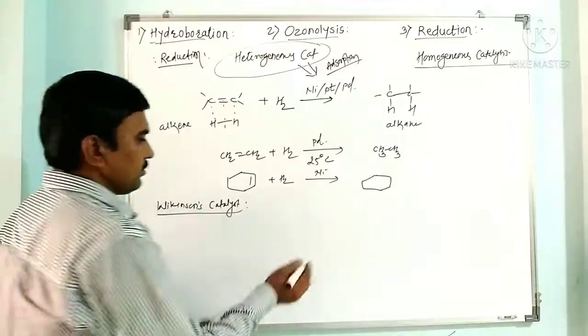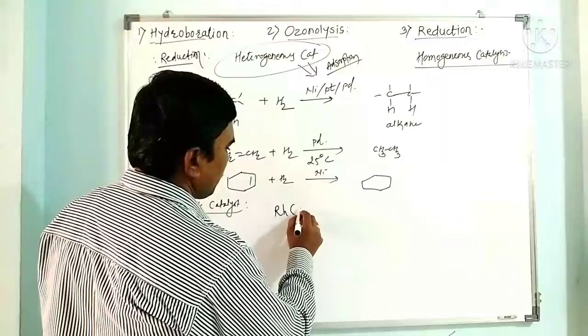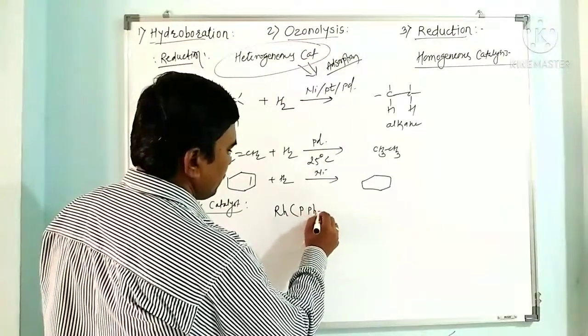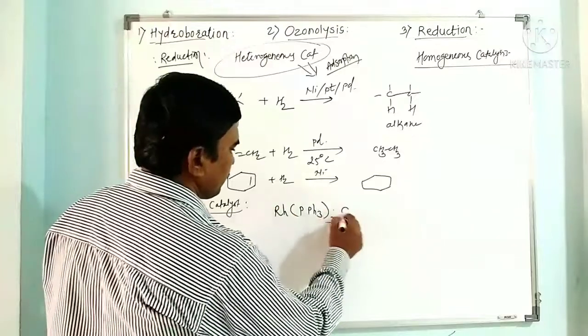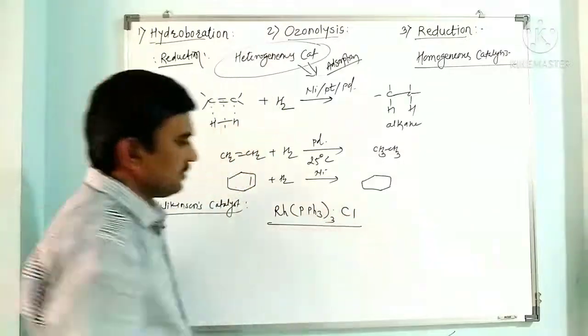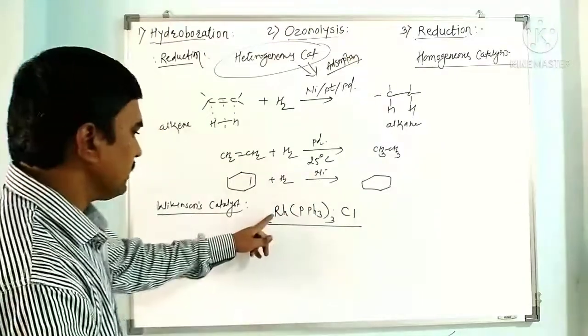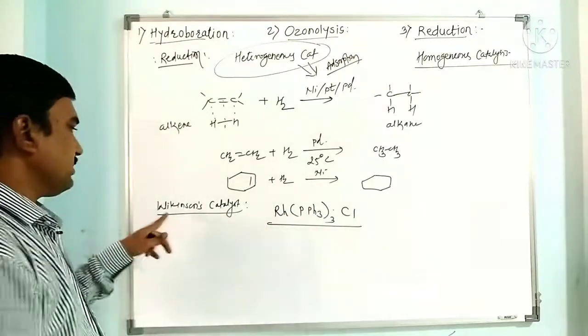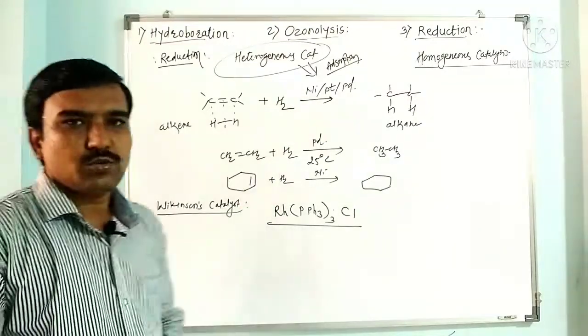The simple famous catalyst is tris(triphenylphosphine) rhodium chloride, PPh3 thrice and rhodium chloride. This catalyst was invented by the scientist Wilkinson for homogeneous catalysis, because these are soluble in solvent.